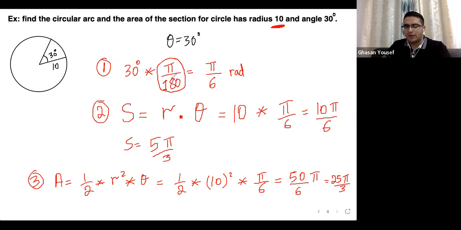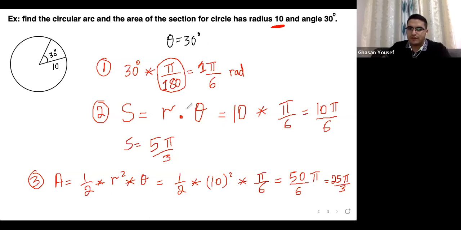So 30 times pi over 180, we can simplify the 30 with 180. So this one will be 1, and 180 will be 6. If you want to convert to radian, you have to multiply by pi over 180.